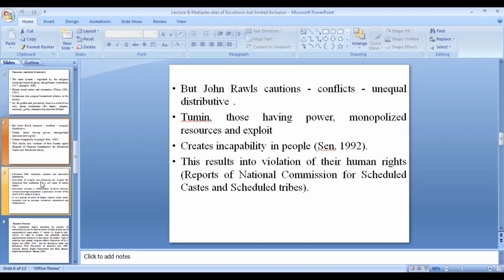This was a kind of work done by Amartya Sen in the early 90s, talking about incapabilities and resources. This results, for example, in the case of scheduled caste community or scheduled tribe community, specifically when I'm talking about caste here, in a violation of their human rights in social, cultural, political, civil, and religious spheres, especially the religious sphere, which is being reported in the National Commission for Scheduled Castes and Scheduled Tribes, since a long time, even in the recent report, you can see it.